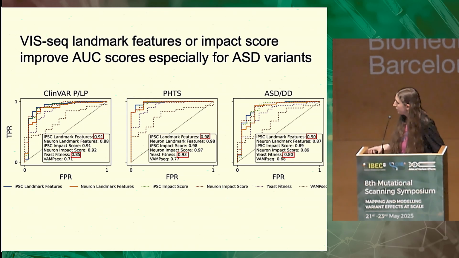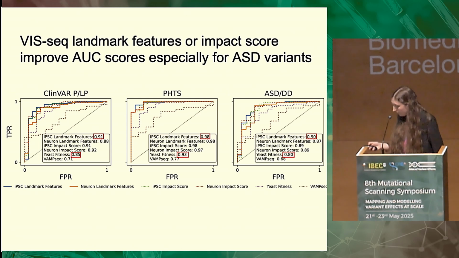We saw an increase in ROC, but for example, for PHTS, where phosphatase activity seems to be a pretty dominant determinant, the yeast fitness already does really well. It has a really strong AUC.